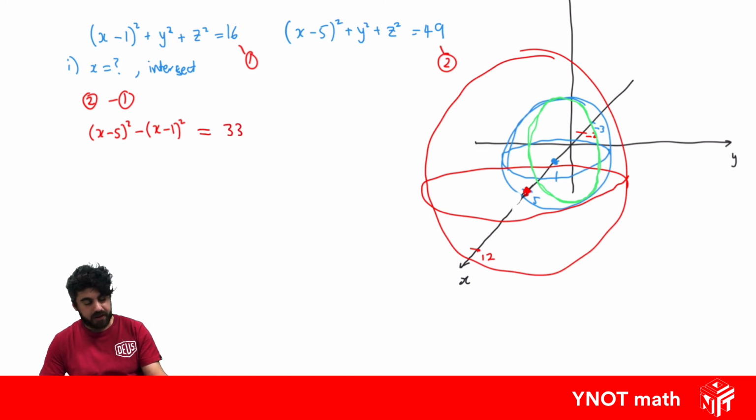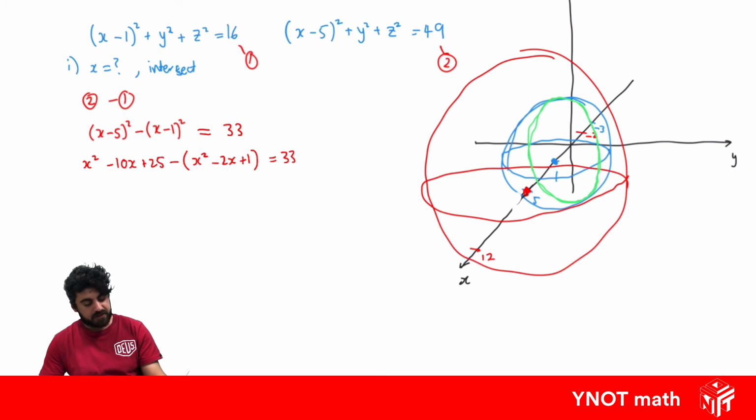We can just go ahead and expand the left-hand side. We're going to get x² − 10x + 25 minus, let's expand this next bracket, x² − 2x + 1 equals 33.